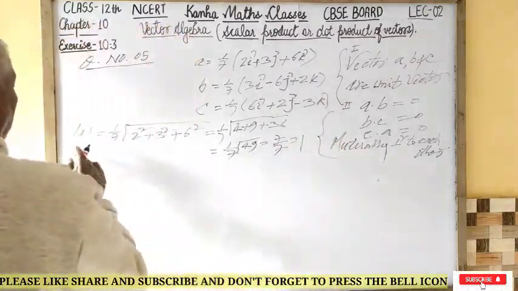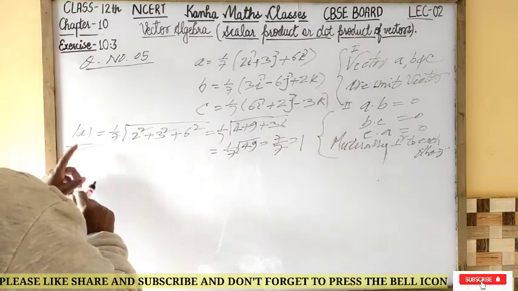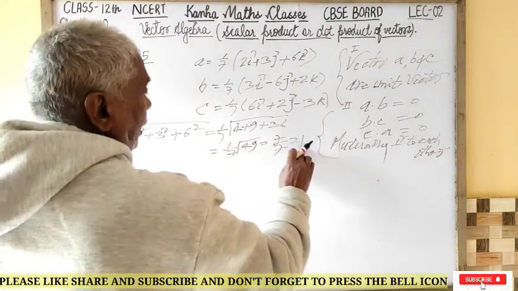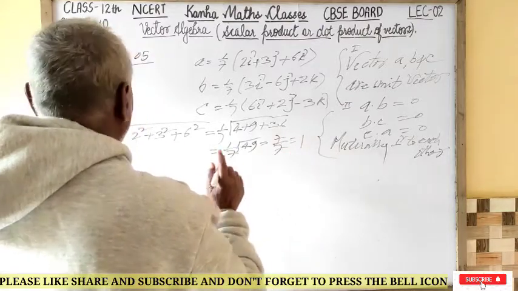Here you clearly see that vector A has magnitude 1, so this is a unit vector.